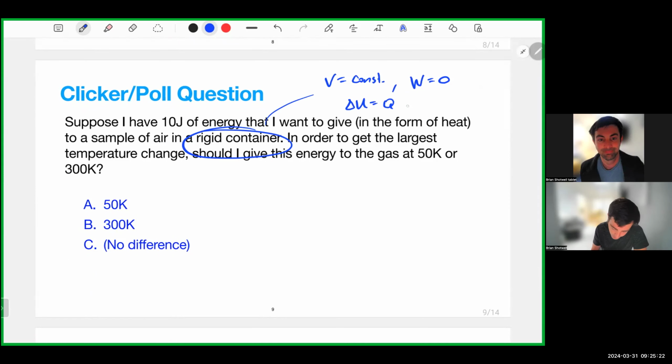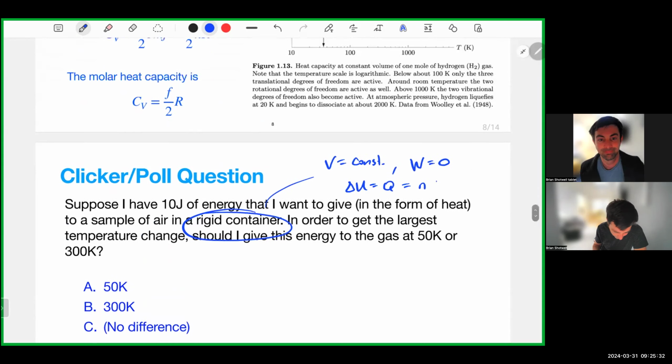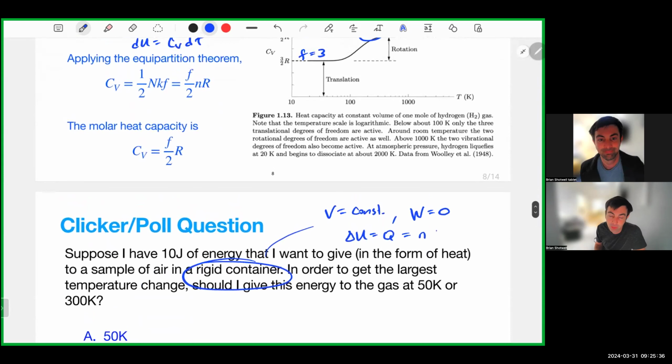And from calorimetry, we know Q, or not only calorimetry, but here, Q is n Cv delta T. This is a little tricky because you have to infer from context whether the heat capacity is extensive or intensive. See how these two are both labeled as CV, but they're not the same. Some books will use them interchangeably.